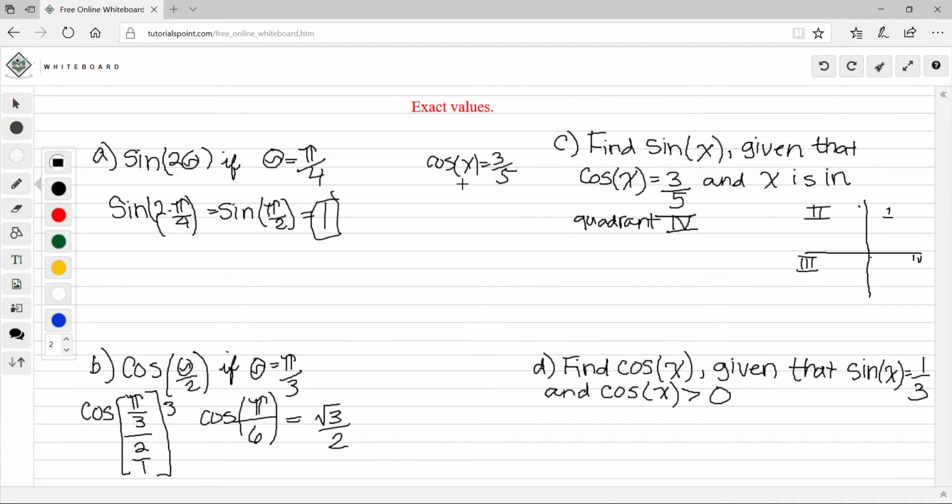We know that cosine of alpha is x over radius, and sine of alpha is y over radius.